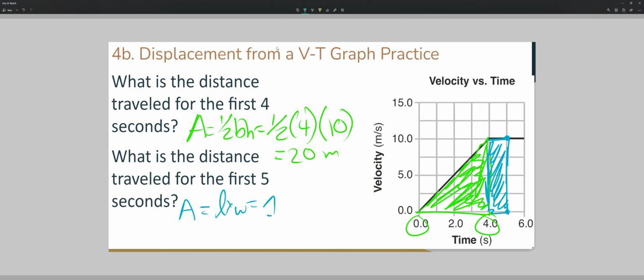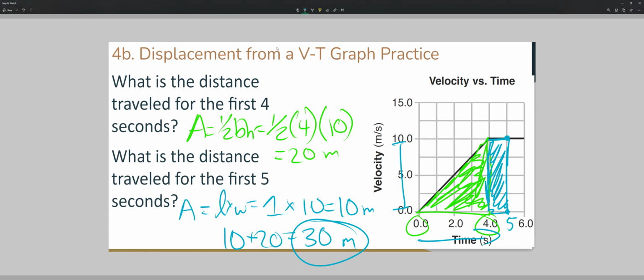My length is 1, because it goes from 4 to 5, and my width here would be 10, because I go up 10. And my area here will be 10 meters. Then my total distance, because we need to add the triangle as well, is 10 plus 20, because we want the first 5 seconds. So we get 30 meters, and that is my total distance traveled.